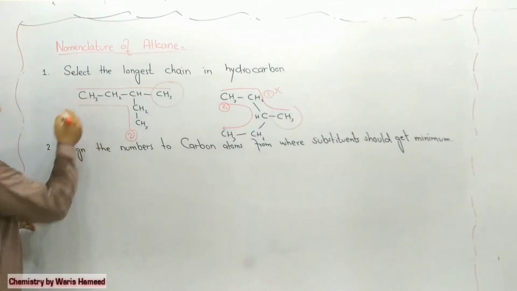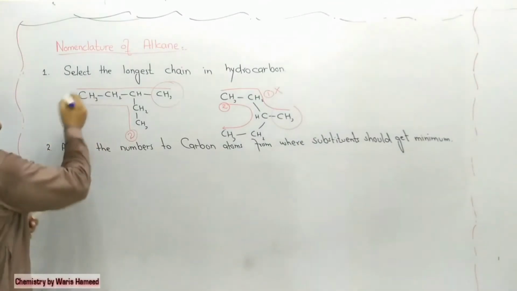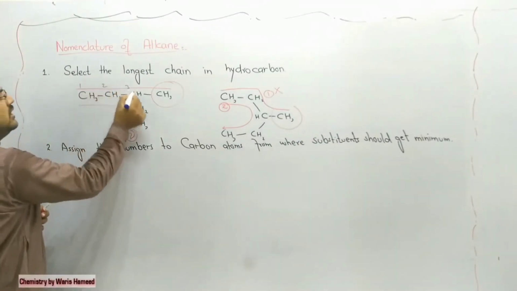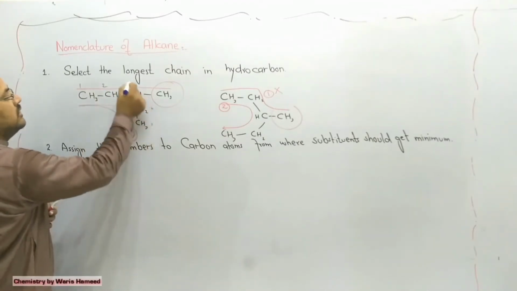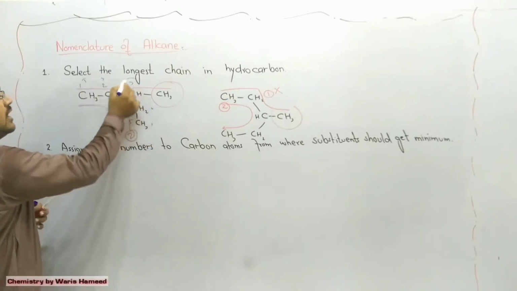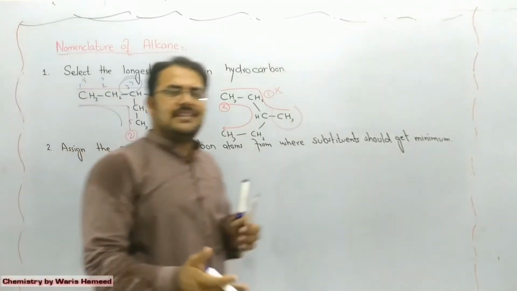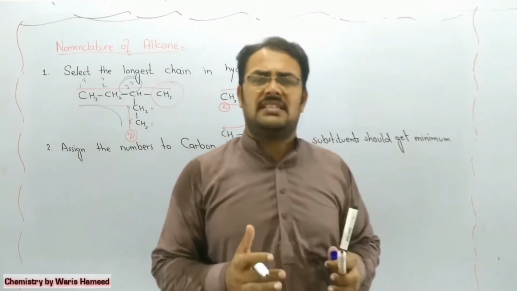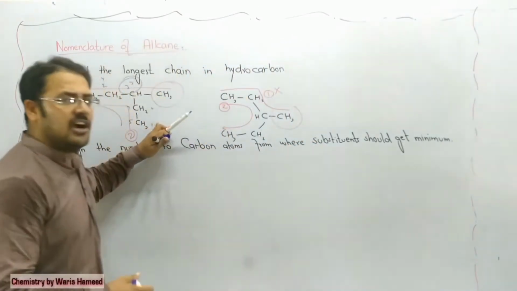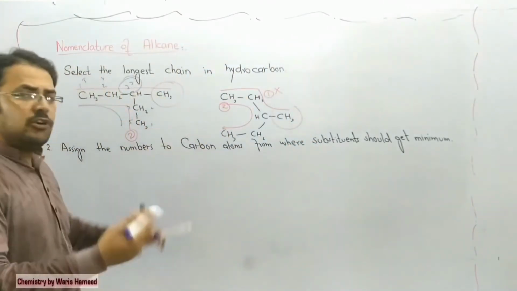If I give numbers from this side 1, 2, 3, 4 and 5, or from this side 1, 2, 3, 4, 5, the substituent is attached on the third carbon in both cases. So there is a possibility of numbering from both sides.